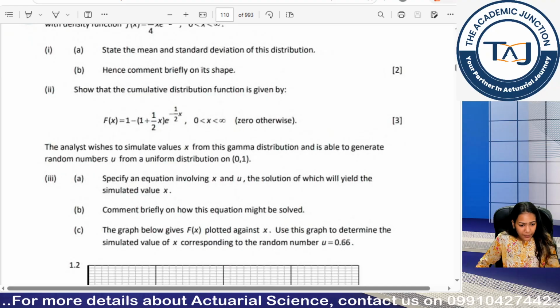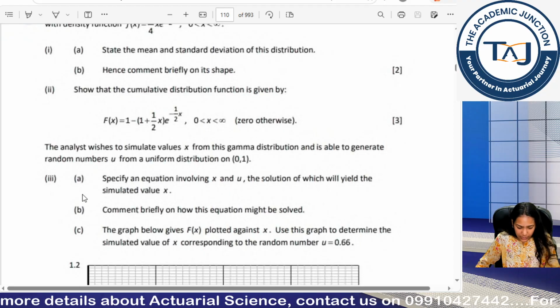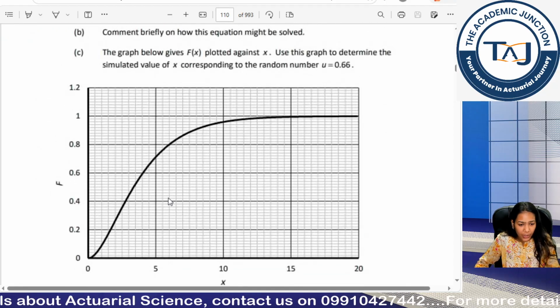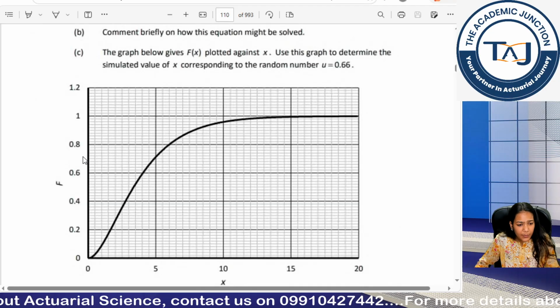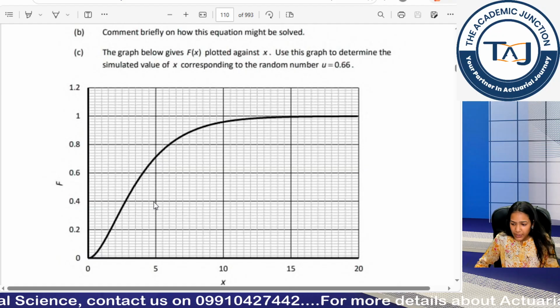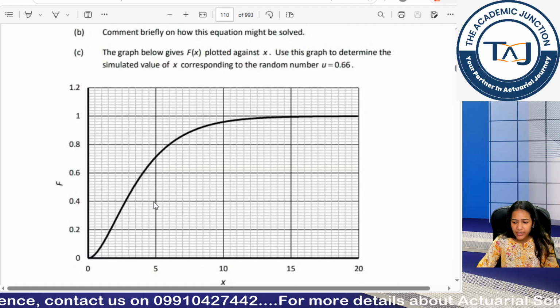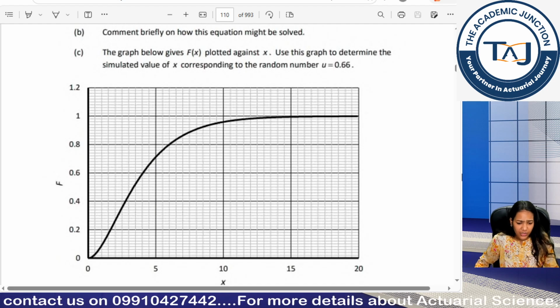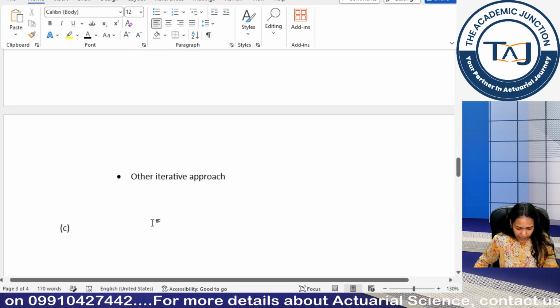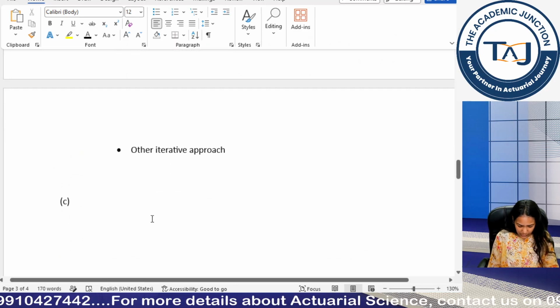The graph below gives this function. So we have to plot and tell. We can see 0.66 is here and this is coming at 4.5. So we would just simply write it. Again, it's not a numerical portion, so let's write it in words.